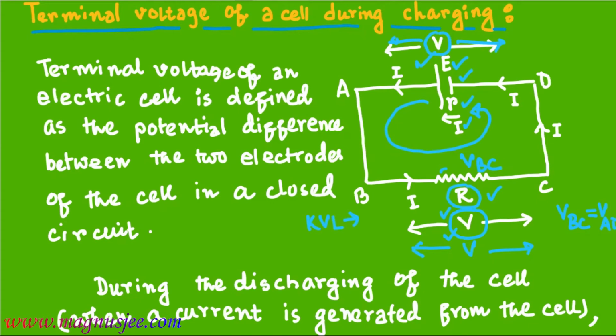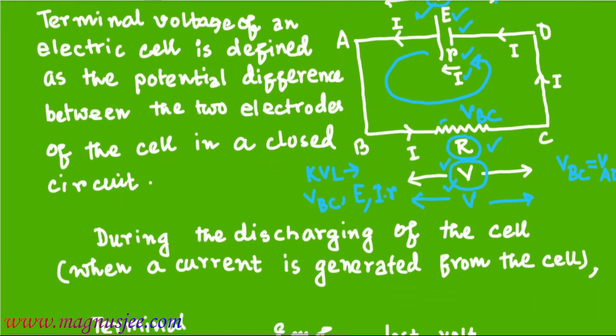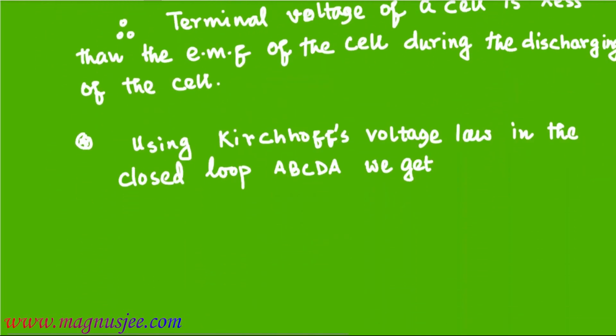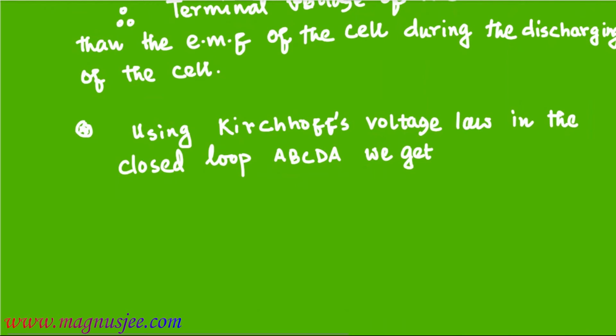Using KVL, first potential difference is VBC, then EMF E and I into small r. There are three potential differences: VBC, EMF E and I into small r, the product of current and internal resistance. So we know that the sum of voltages in a closed loop is 0.